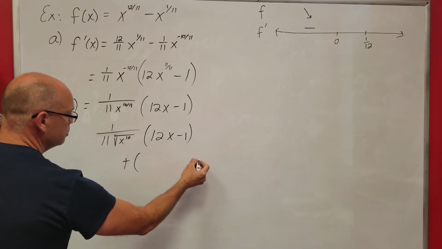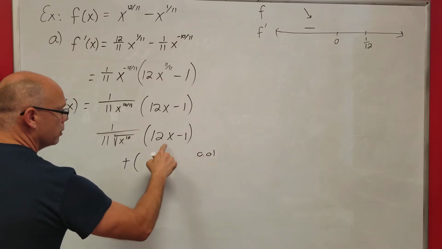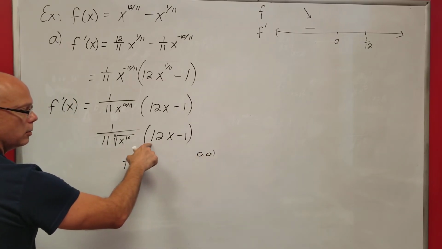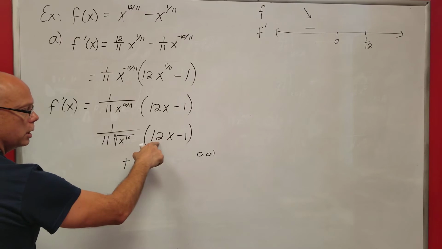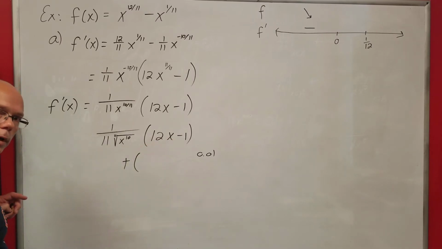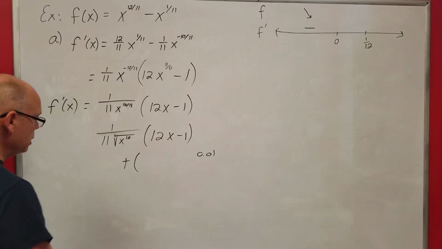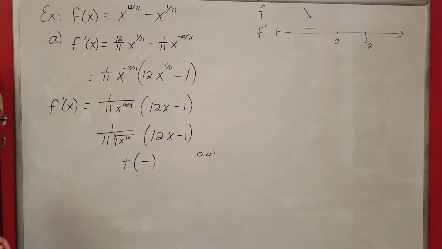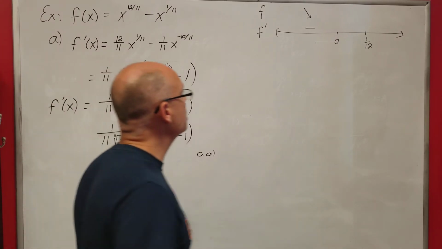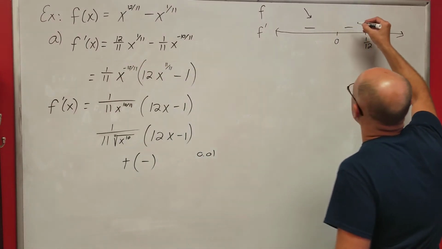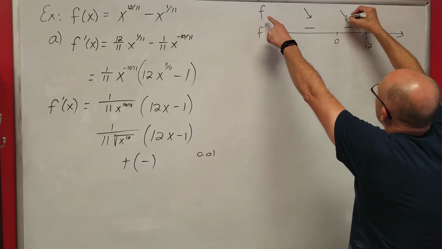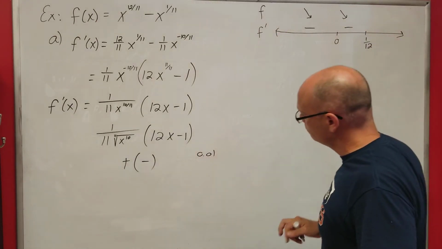If I plug that in, that gives me 0.12 minus 1. What's 0.12 minus 1? A negative. What's a positive times a negative? A negative. So my function f is still decreasing there.